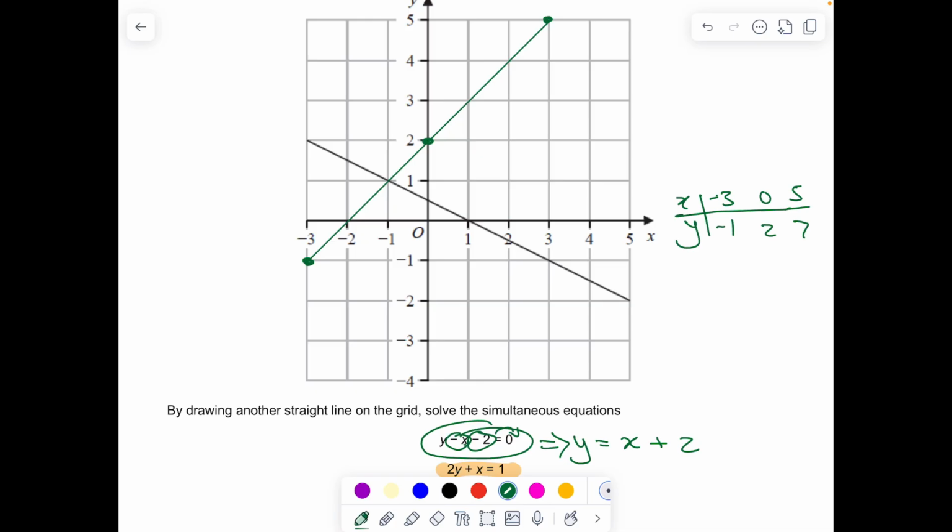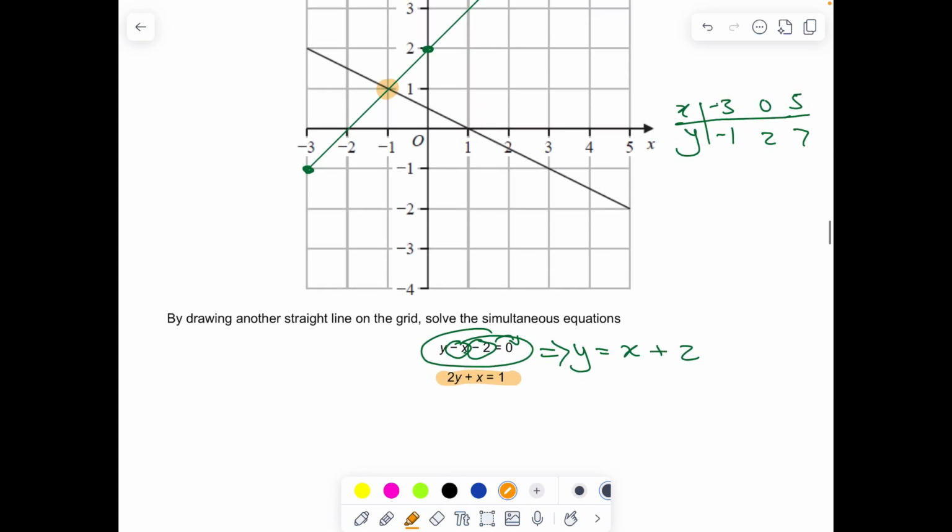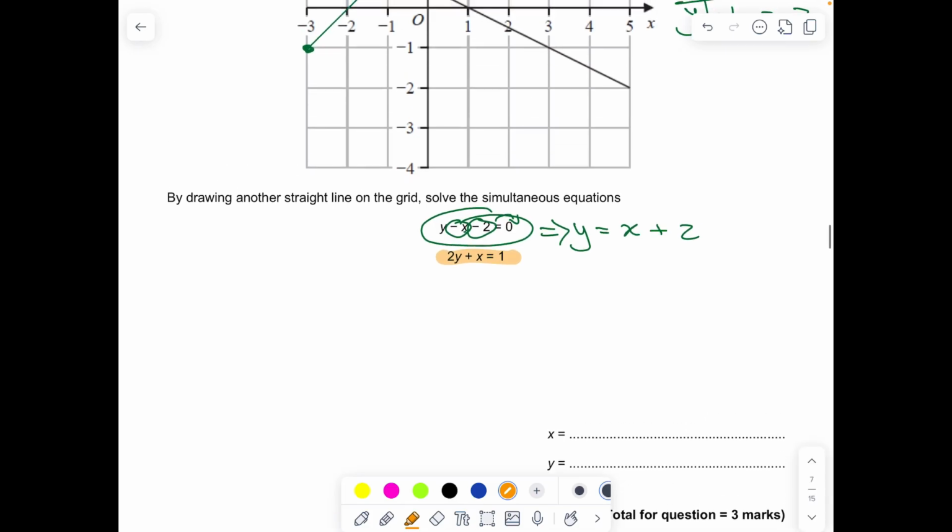Okay, so I've drawn it, and then remember, simultaneous equation, you solve it by looking at where the two lines cross. And they cross at minus 1, 1. So they cross where x is minus 1 and y is 1. So minus 1, 1. And it seems like a lot of you need to do a bit more practice on that.